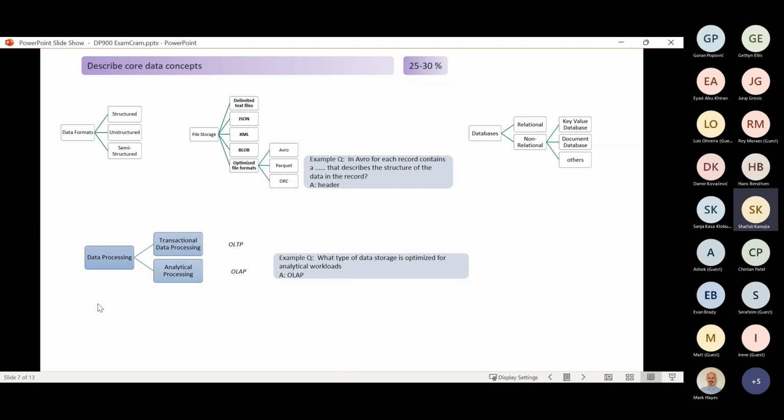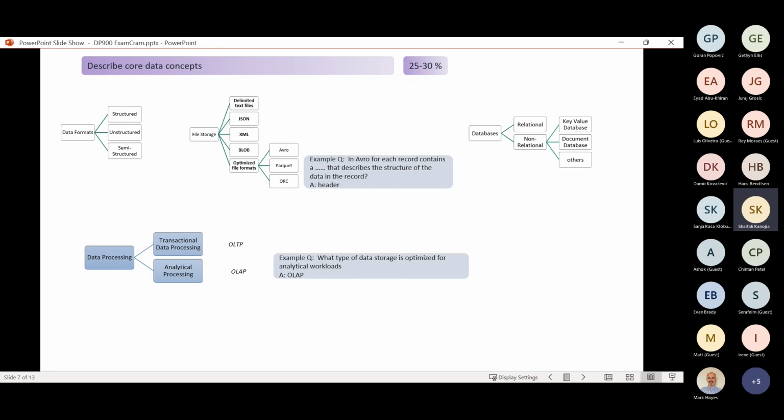And then again, if we jump into data processing, as I was mentioning, there are two types of data processing, and that's what they cover in the module as well. So OLTP and OLAP. If the question is, what type of data storage is optimized for analytical workloads? To tackle this kind of question, you need to know firstly what types of data storages are available, and then which one is the most optimized for what purpose.